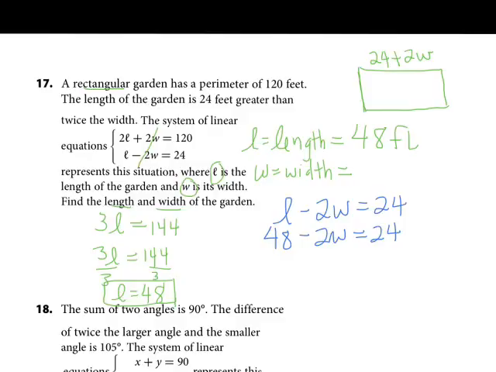Now, it would be very easy for me to subtract the 48 from both sides. So we're going to subtract the 48 from this side. So negative 2W equals 24 minus 48.